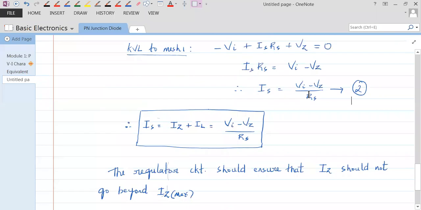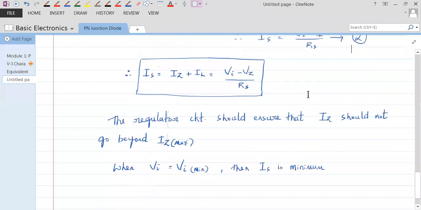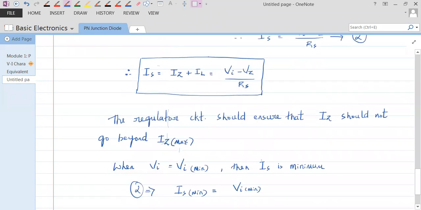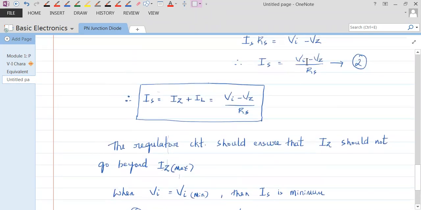It looks like this. Equation 2 implies that Is minimum is equal to Vi minimum. You can see this.